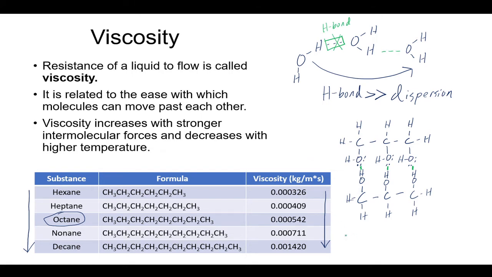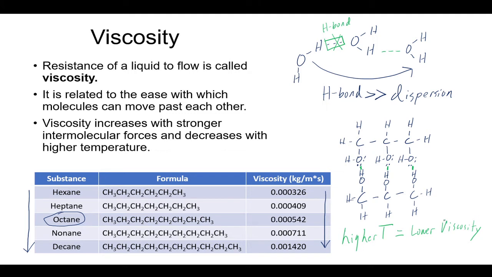Okay, so I should note that higher temperature means lower viscosity. Okay, because what you're doing is trying to overcome the intermolecular forces. And the viscosity is going to depend on temperature.